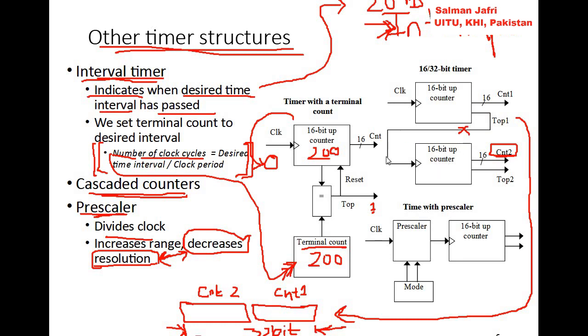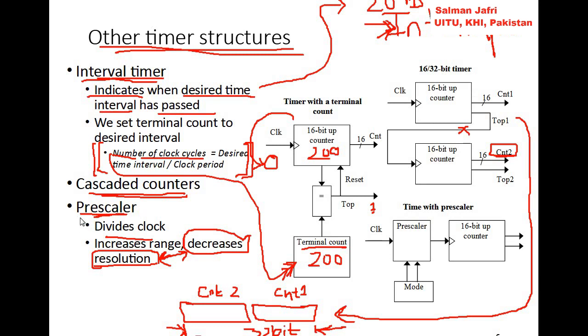So when cascaded, we can have a 32-bit counter output where the low 16 bits are given by this counter and the higher 16 bits are given by this counter. And if we sever or remove this connection, we can use these two counters as independent 16-bit up counters. So this can be, for example, counter 1 and this can be counter number 2. So this is very flexible.